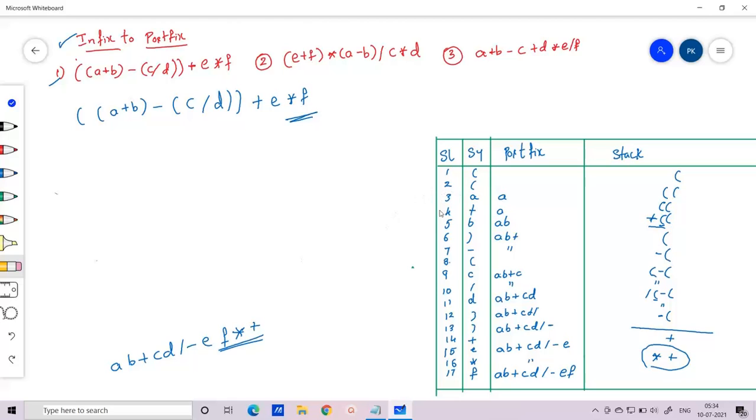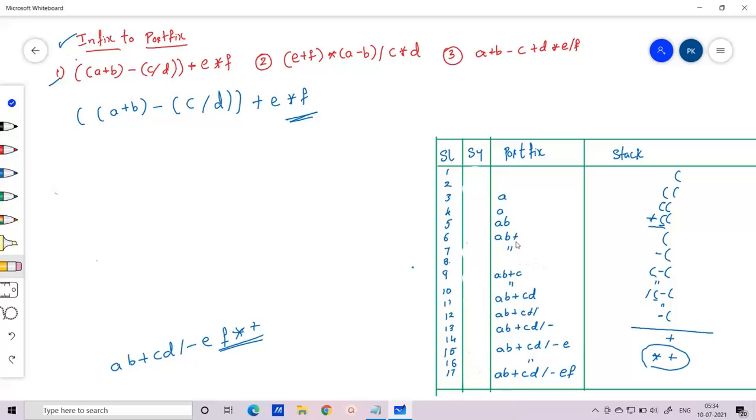If there is, you need to remove that from the stack. If not, you can continue. So if you have an operator, you just check the stack, and if you have an operand, you just add it into the postfix expression.